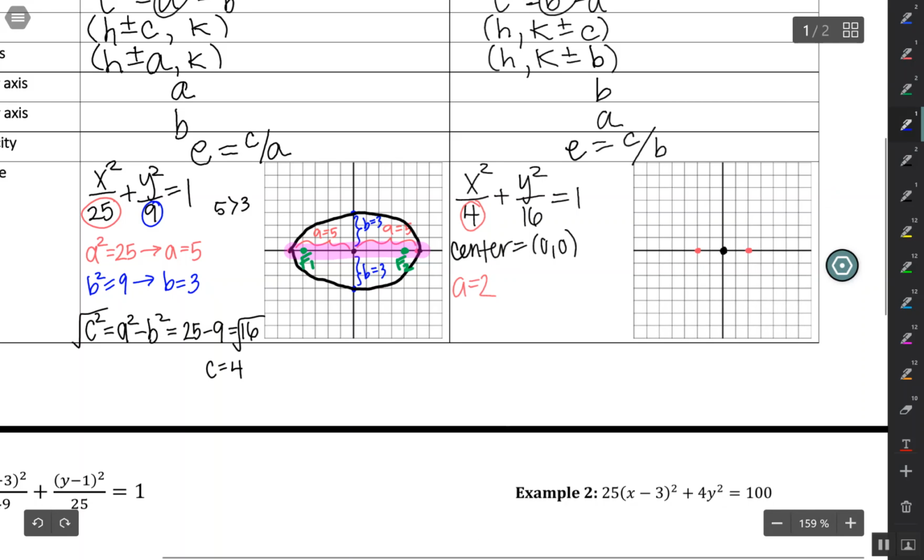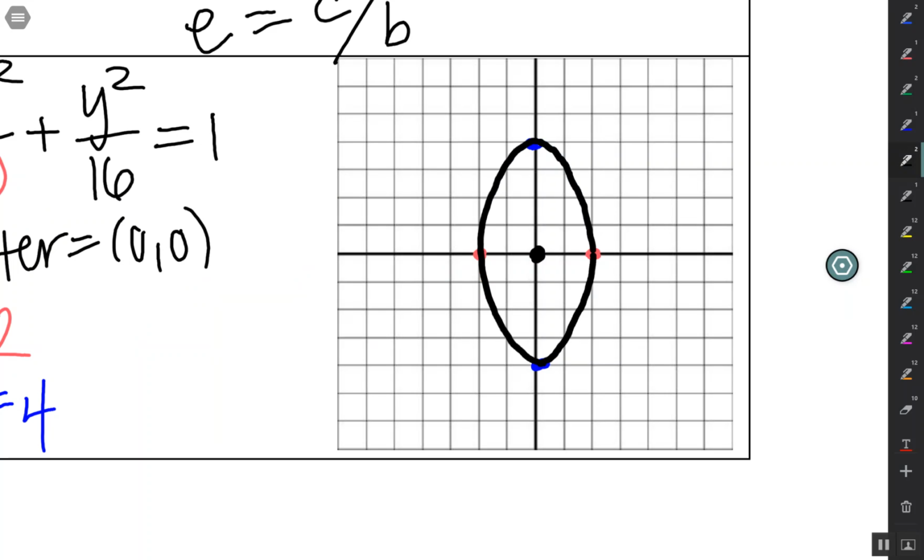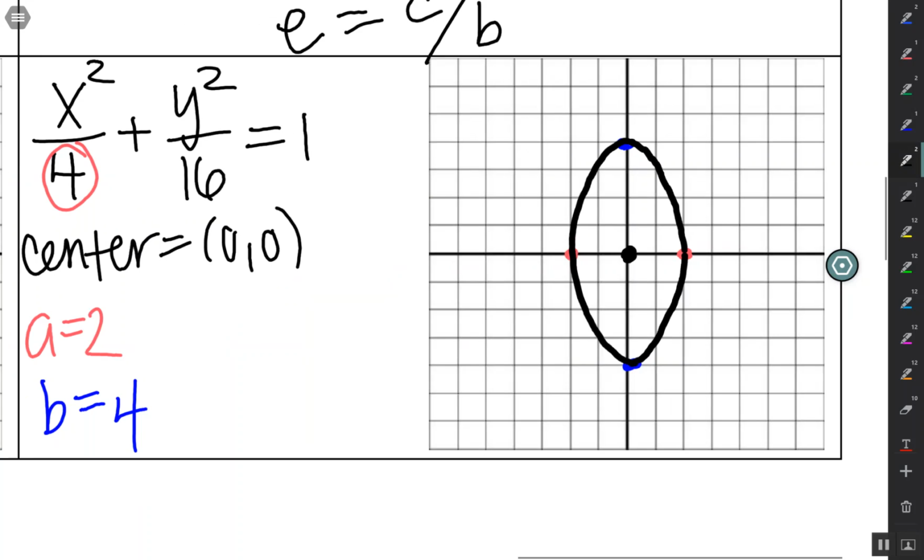Okay, b is the square root of 16, which is 4. So I'm going to go up or down 4. Okay, and I'm going to draw my attempt at an ellipse. Now that one looks pretty good, actually. Okay, so that's what it looks like.